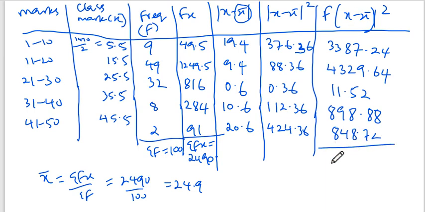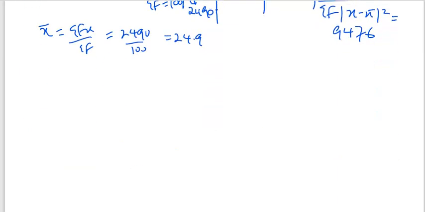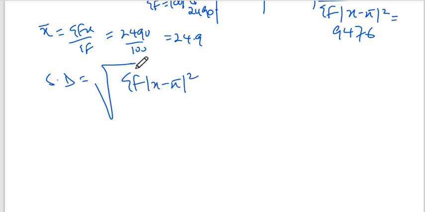Now we sum everything. So when we sum up all this, we have summation f times (x minus x bar) squared. When we sum it up, we have 9476. Now to get our standard deviation, remember we say square root of summation f times (x minus x bar) squared divided by summation f.